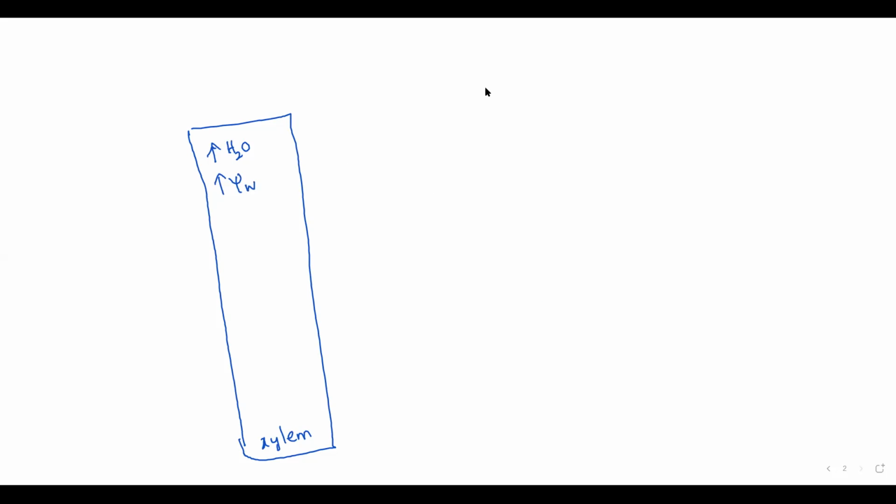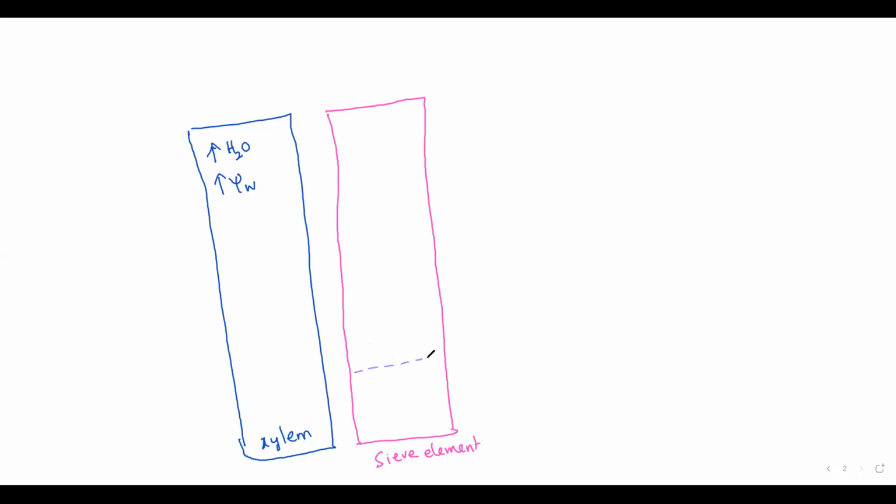Okay. The next thing that I'll consider is the adjacent vascular bundle, which is going to be our phloem. So this is going to be my phloem, children. And the phloem is made up of your sieve elements. The sieve elements are going to have the sieve ends, which are going to help in movement of your sap.